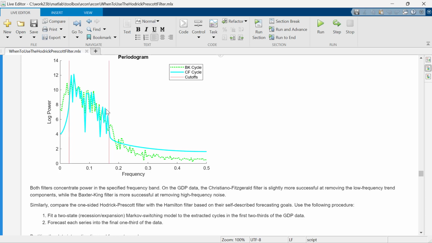So a periodogram like this is a good way to compare two filters that have the same objective, which is to only output in the cycle the frequencies that are between some low end and some high end.